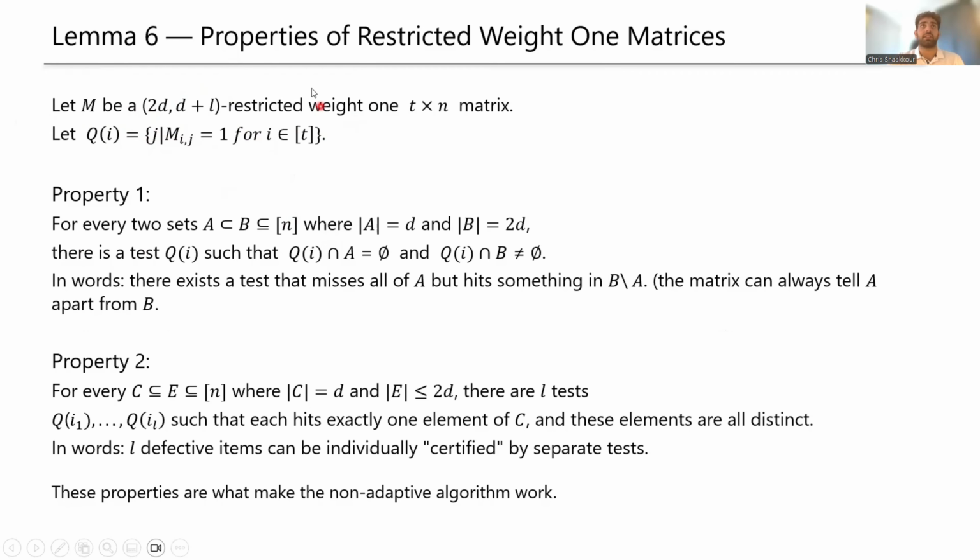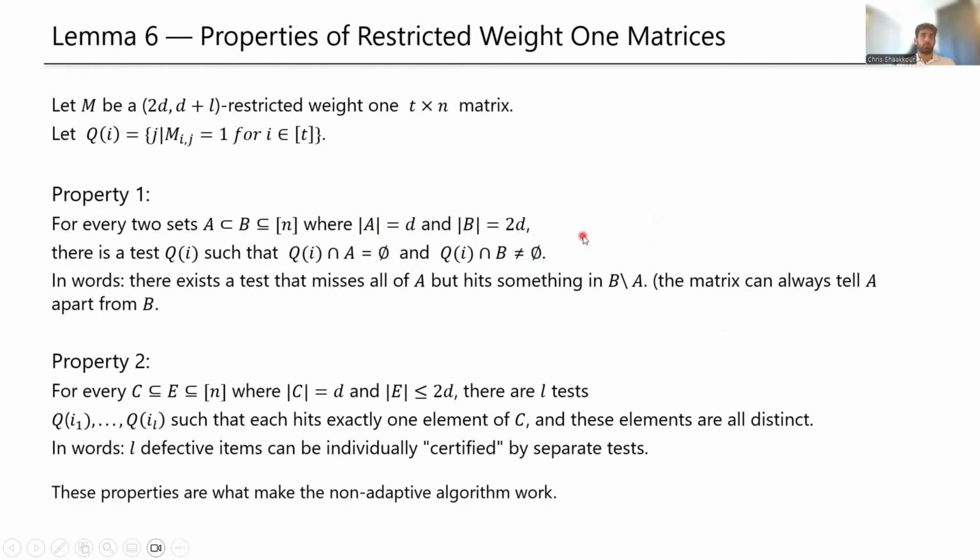Property 1 of these restricted weight 1 matrices is that for every two sets A included in B, both included in the set from 1 to n, where the size of A equals D and the size of B equals 2D, there is a test Qi such that the intersection of Qi with the group A is equal to an empty group, and the intersection between Qi, the question, and the set B does not equal an empty group.